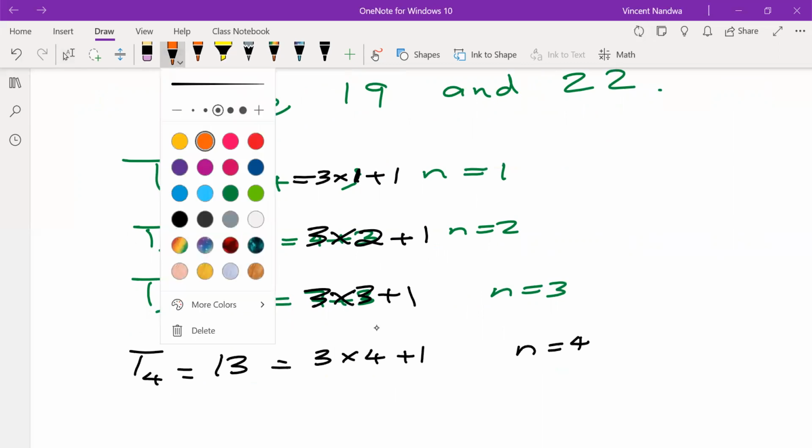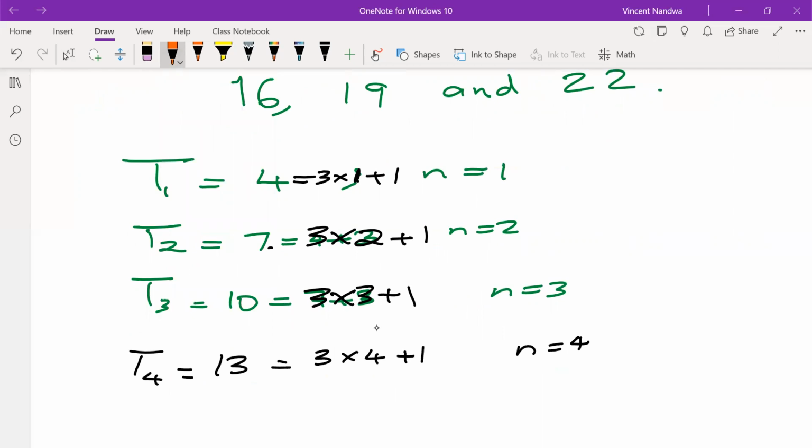So we see that T1 is 3 times 1 plus 1. T2 is 3 times 2 plus 1. T3, 3 times 3 plus 1. For T1, n is 1. T2, n is 2. T3, n is 3. T4, n is 4. And you see each value here, we have constant 3 being multiplied by the value of n.